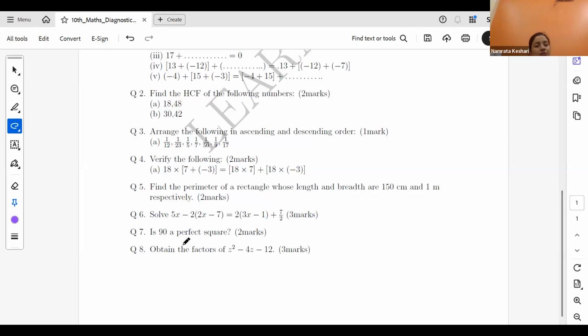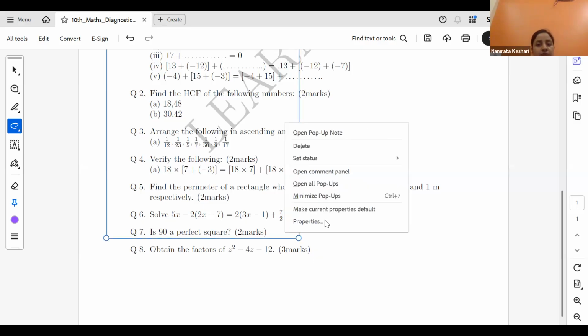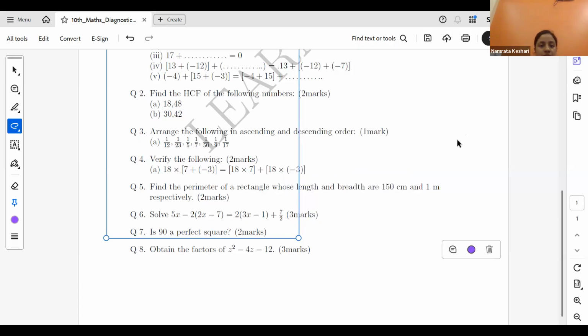Is 90 also a perfect square, just like those numbers? No. Yeah, it is no. Okay. Please do the next one. Okay, the last one. Yes, it is not a perfect square number.